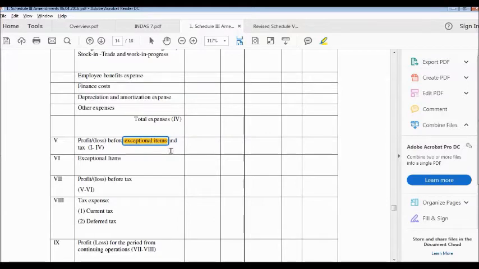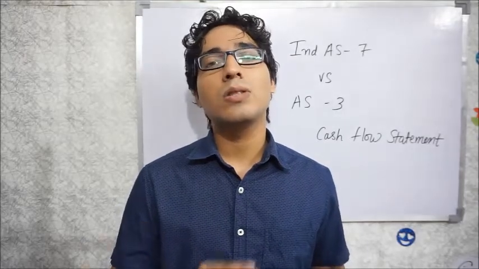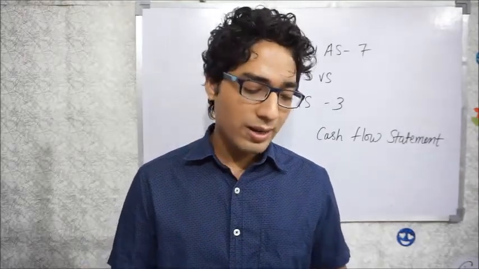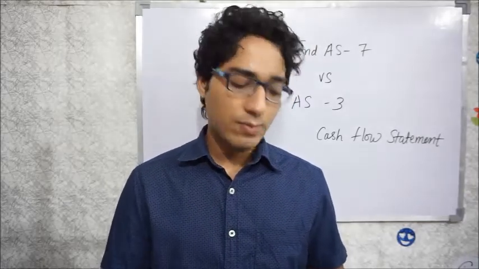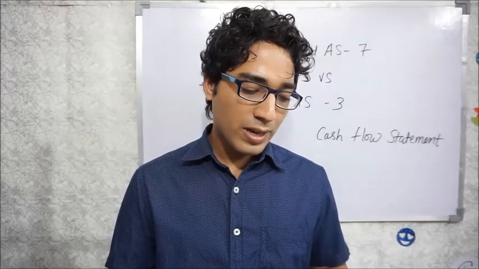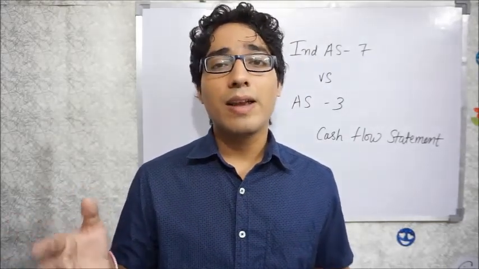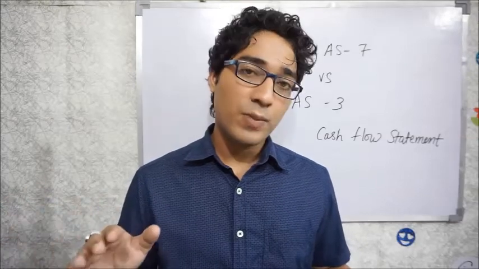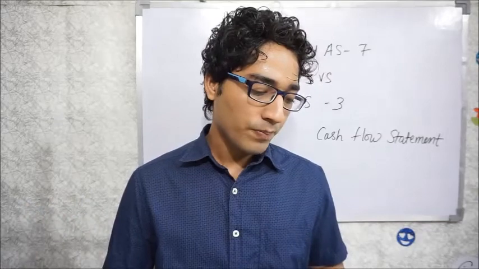There is no word written as extraordinary activity. So under Ind AS 7 or under any Ind AS, there is no such item called extraordinary activity. Therefore this clause is nowhere in Ind AS 7, which says extraordinary activity is classified into operating, financing and investing. Because there is no extraordinary activity, this clause has been removed.